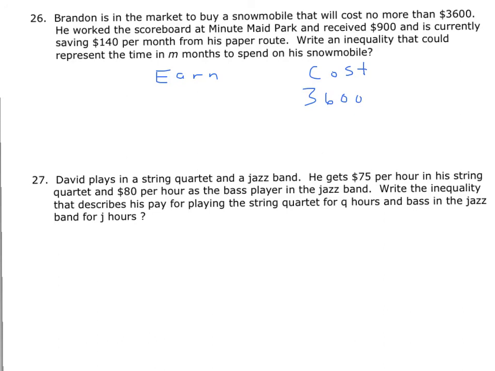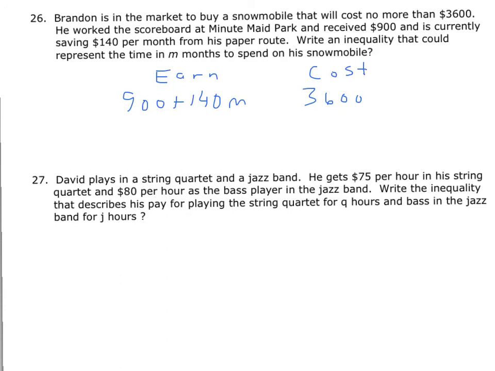Now, he earned $900 at Minute Maid Park plus $140 per month on his paper route. So when deciding how to put the inequality symbol, we know that the cost is going to be the greater amount because he doesn't want to spend more than that.